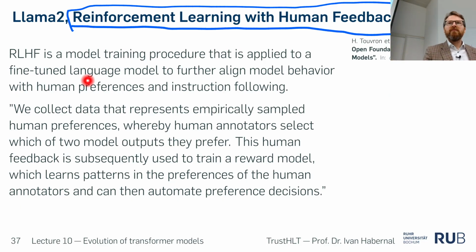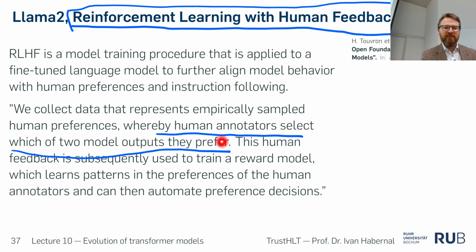So you're the annotator: not only are you providing the input data, you're also annotating data for these companies, saying I like this better than the other. Is it a good thing or a bad thing? It depends. You're using the model for free, so there is no free lunch, unless you pay, but still you have to annotate the data. Anyway, so the human annotators select which of the two model outputs they prefer. This human feedback is subsequently used to train a reward model.